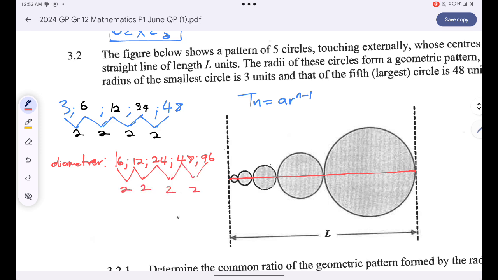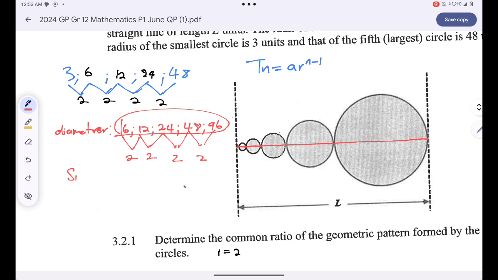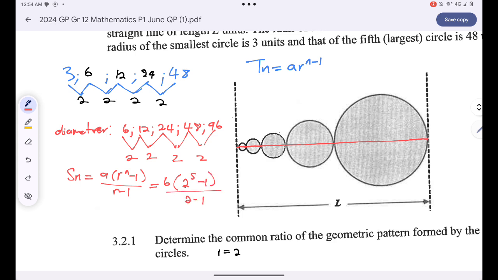So we can simply calculate the sum of all these numbers, because L is just the sum of all these numbers. You can simply add them one by one, but just to be a bit smart, say Sn is equal to a(r^n minus 1) all over r minus 1, right? A is equal to 6. Remember, guys, my first term is 6. So a is 6, r is 2, to the power 5 minus 1, all over 2 minus 1.